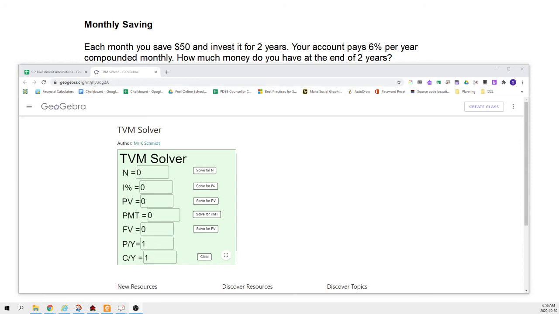This problem is a lot easier to solve using the TVM solver. So in this case, we're going to use the P/Y and the payment functions that we haven't used before. So the P/Y is standing for the payments per year, which is going to be 12. We're compounding 12 times per year.